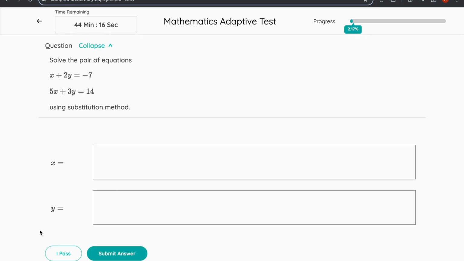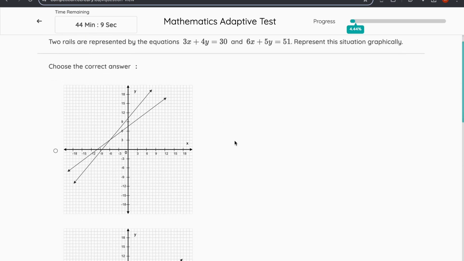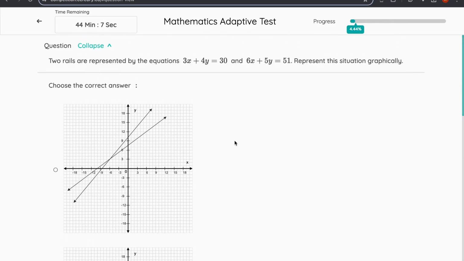In case I answer this question incorrectly, now the system will give me a medium level question or an easier level question.